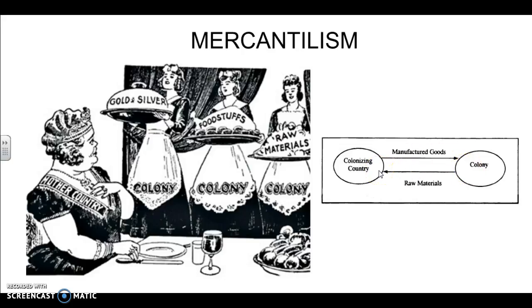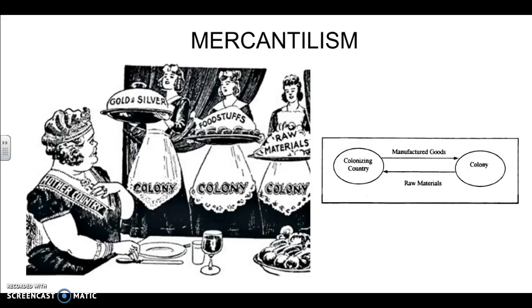It is not Spain. So remember, the colonies have all these raw materials that England needs, so they buy them at a very cheap price, and then they manufacture a finished product or finished good, and they sell it back to the colony. Remember, this was the activity we did in class with the flowers.